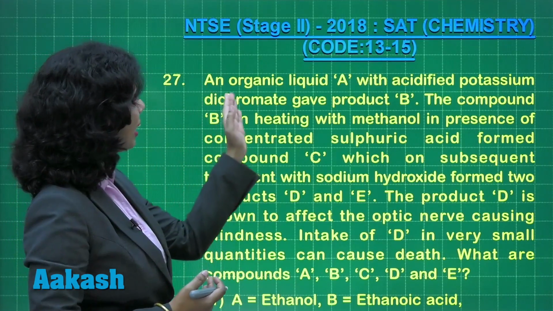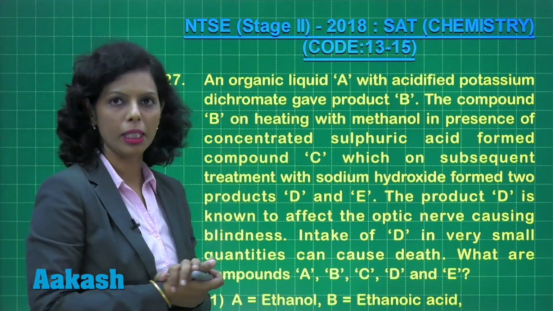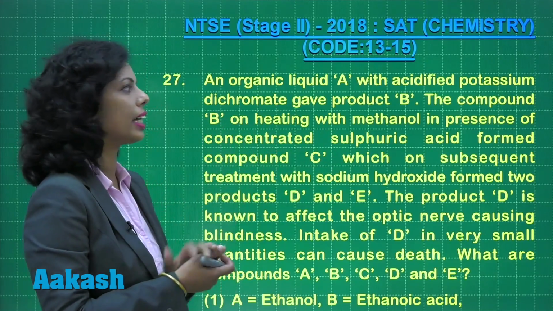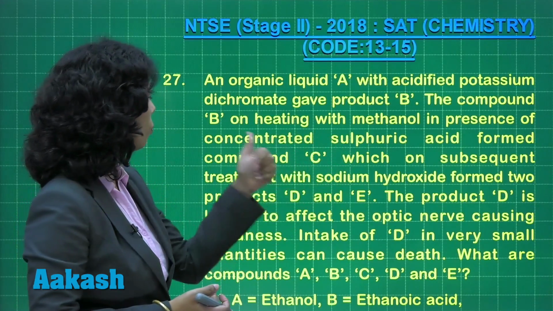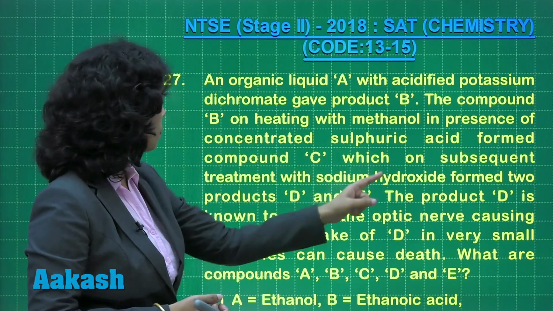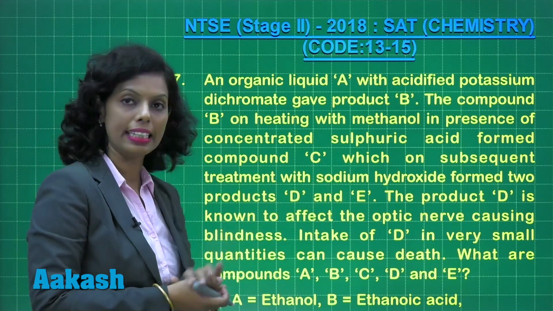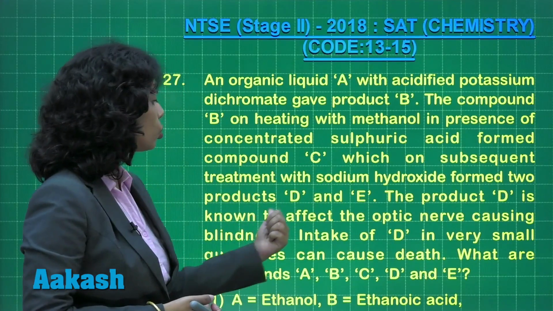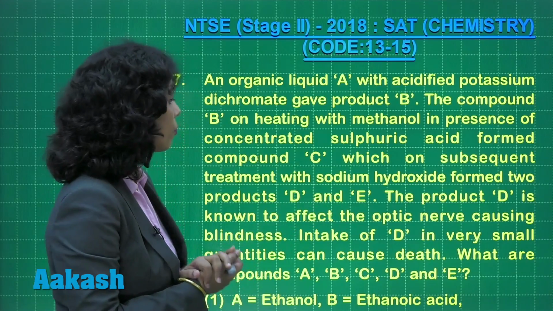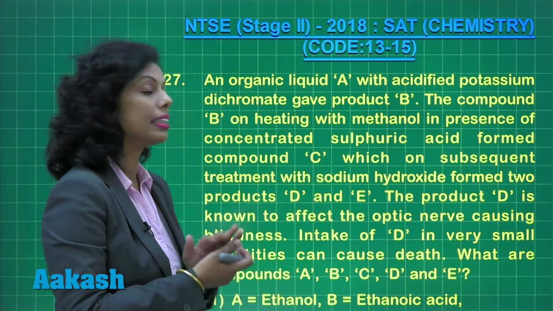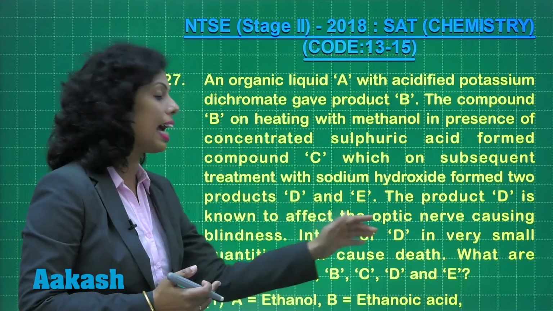It states an organic liquid A with acidified potassium dichromate gave product B. The compound B on heating with methanol in the presence of concentrated sulfuric acid formed compound C, which on subsequent treatment with sodium hydroxide formed two products D and E. The product D is known to affect the optic nerve causing blindness. Intake of D in very small quantities can cause death. What are the compounds A, B, C, D and E?